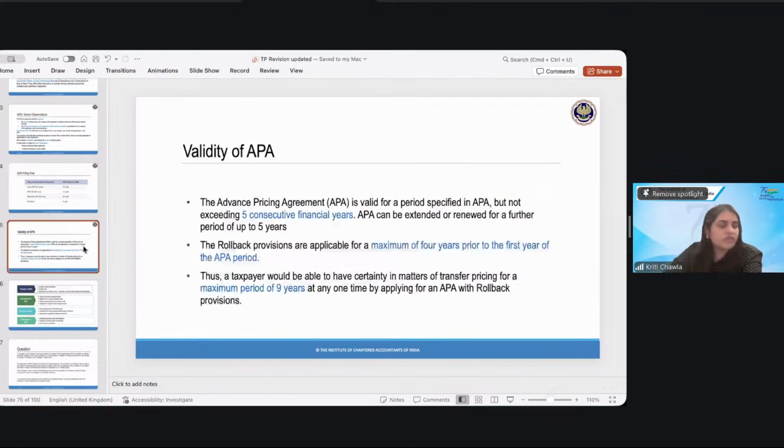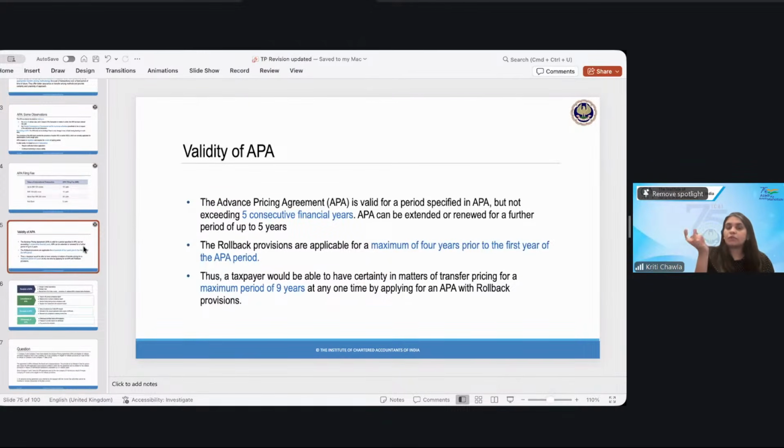The APA is valid for the period which is specified in the APA, but it's not going to exceed 5 consecutive financial years. So the maximum that you can take APA is for 5 consecutive financial years. It can obviously be extended or renewed for a further period of up to 5 years. So going forward, you can take APA for 5 years.